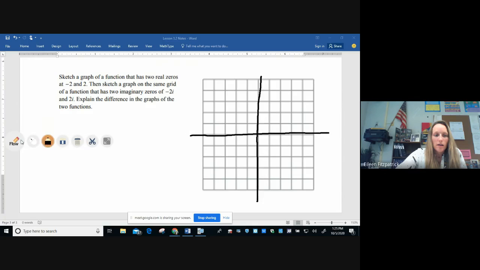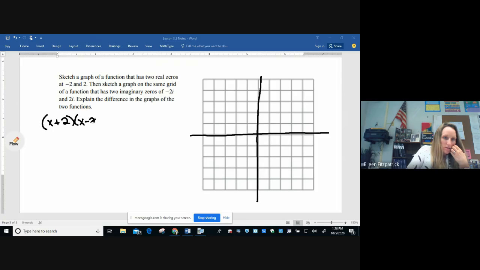All right, and then from there, if I had 2 real zeros at -2 and 2, that means my factors would be x plus 2, x minus 2, right? Because if I set both of those equal to 0, I get answers of -2 and +2. So that function can be written as f of x equals, if I FOIL this all together, x squared minus 4, okay?